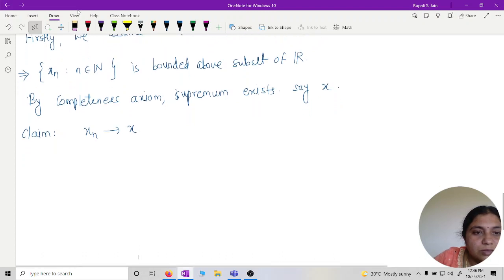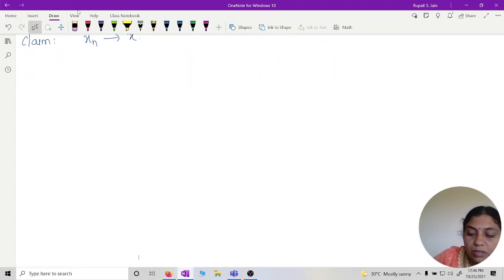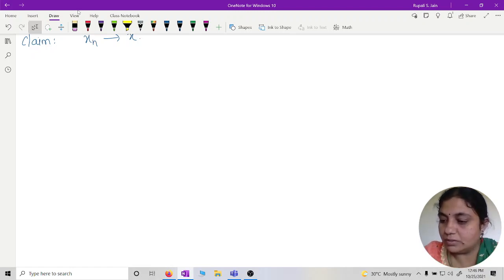So if I want to prove xn converges to x, what do I want to prove? I have to start with arbitrary epsilon, and we have to find a natural number n naught such that mod of xn minus x is less than epsilon for all n greater than or equal to n naught, right?